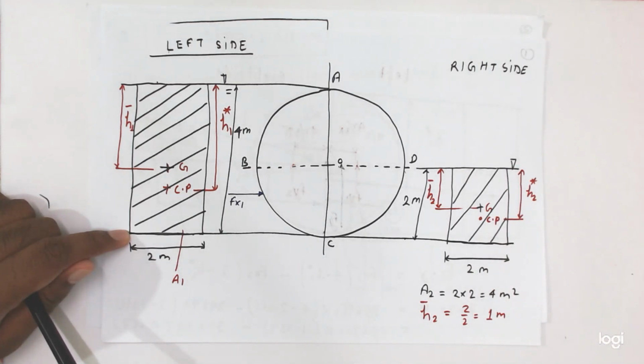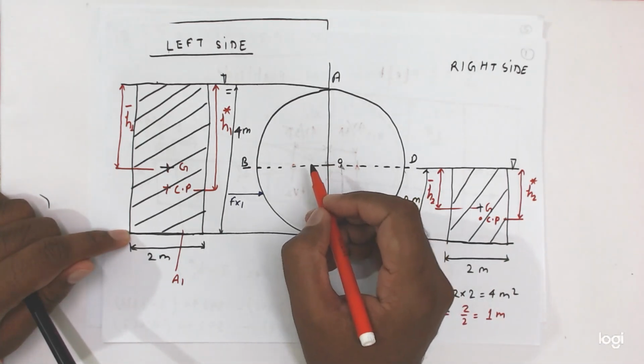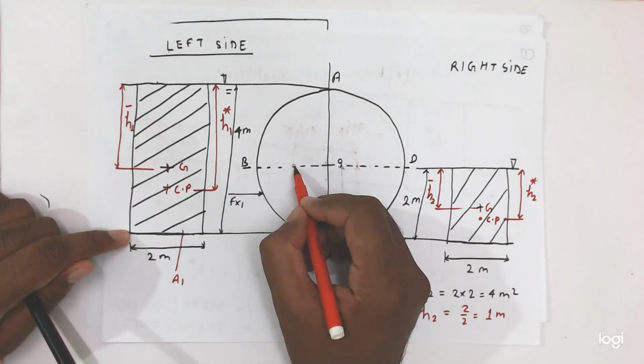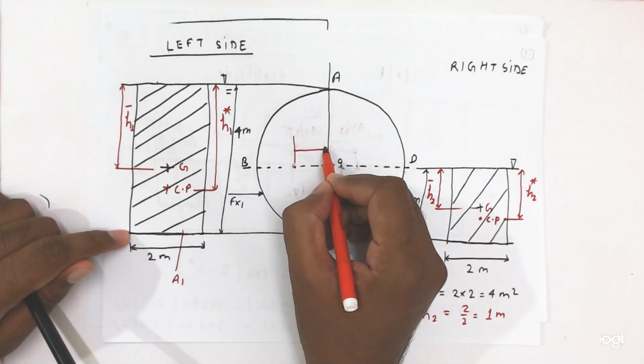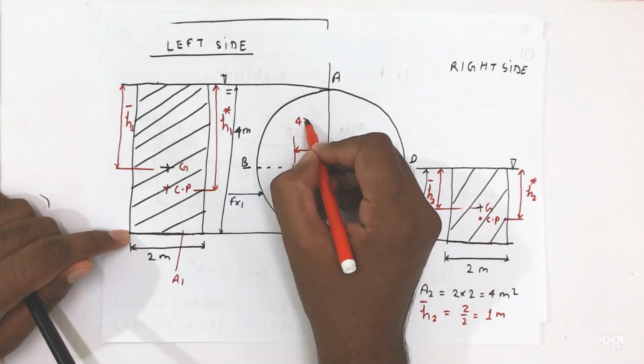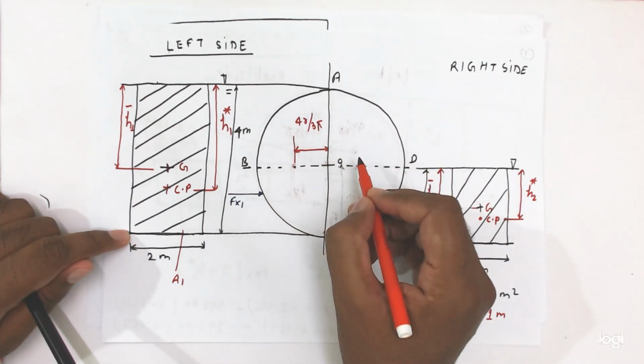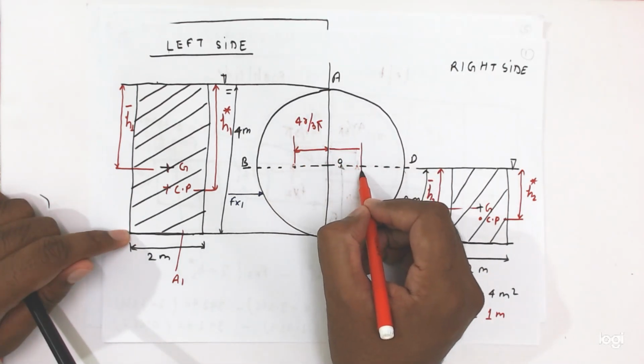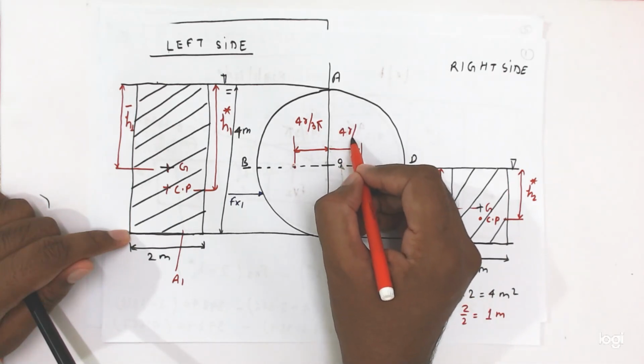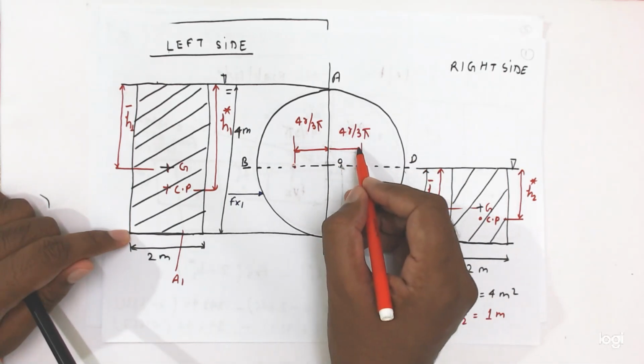Getting friends? And the vertical component is working at the distance from here 4r by 3 pi and from here also 4r by 3 pi.